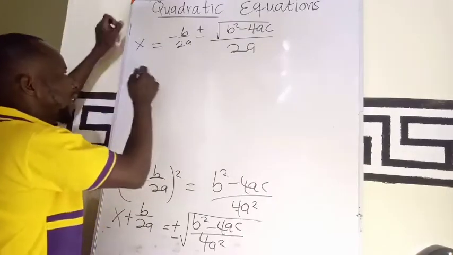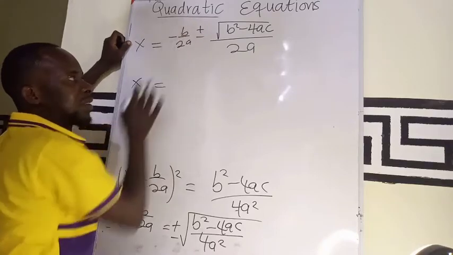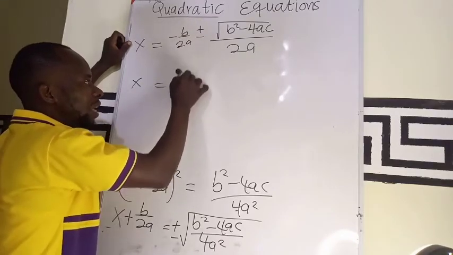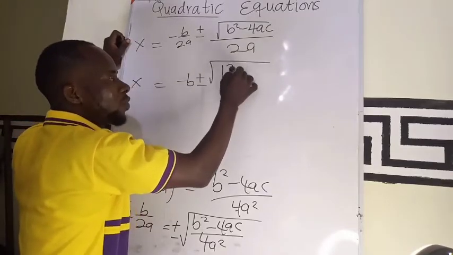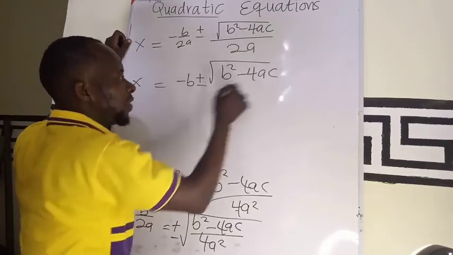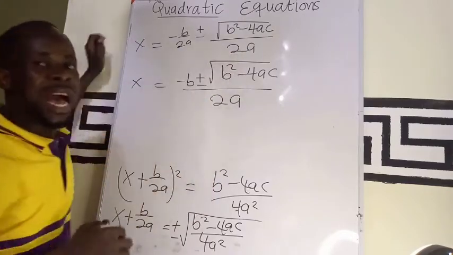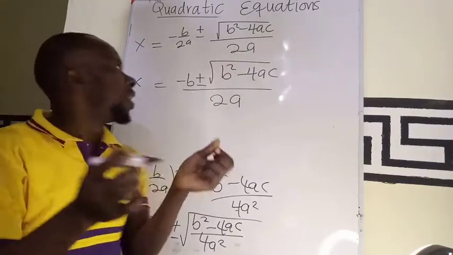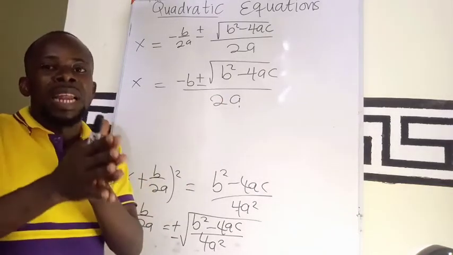So it means that x equals to minus b plus or minus the square root of (b squared minus 4ac) all over 2a. Since 2a and 2a are just a common denominator, we only use them as one LCM.